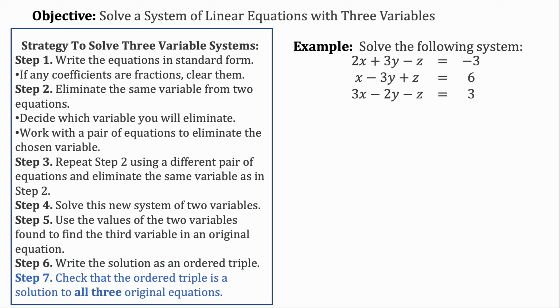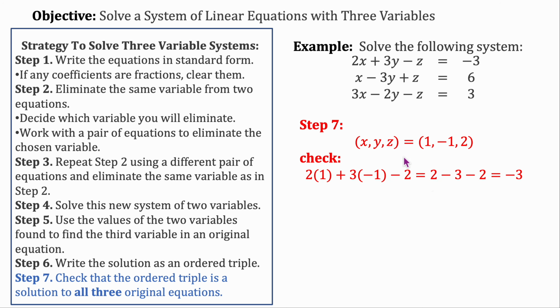Now that leads us to our final step, check your work. So we've got that ordered triple. To check our work, that ordered triple has to be able to be substituted into all three equations and get the values we see here. So let's start with our first one. If I plug in 1 for my x, -1 for my y, and 2 for my z, I get a value of -3, which is what I wanted.